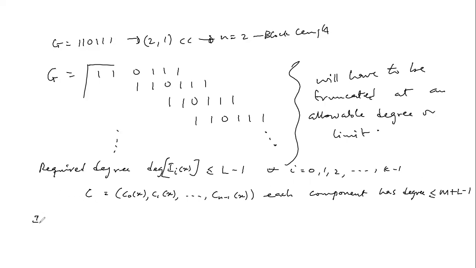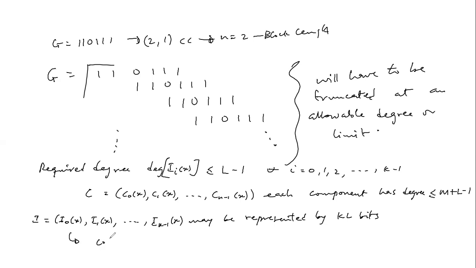Now, the information word, say I, being the same as I0(x), I1(x), all the way to I_{k-1}(x), may be represented by KL bits, while the code word may be represented by n times (n plus L) bits.